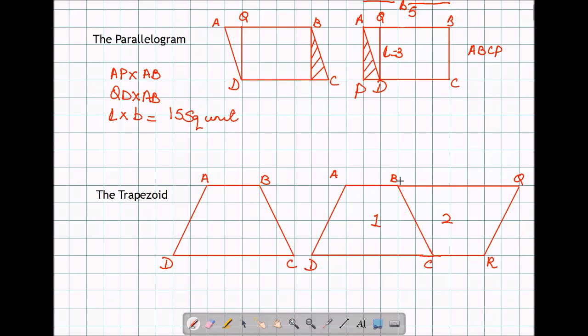You can see that this figure AQRD is a parallelogram. So what would be the area of this figure AQRD? As we discussed earlier, it is the length, that is the altitude, and the breadth.